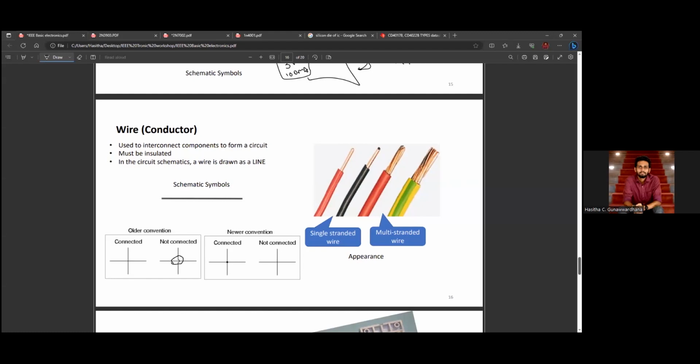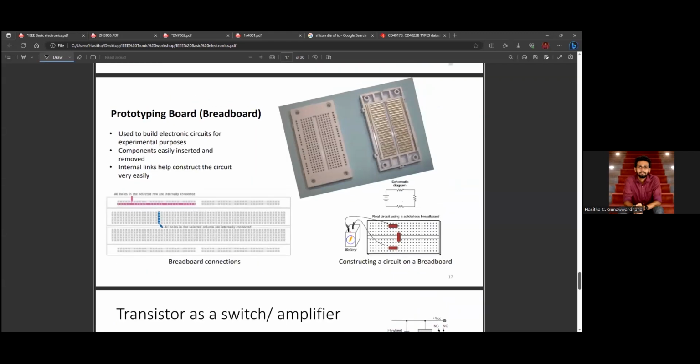Other than that, this is also additional information. You may also know these breadboards. If you completed the practicals in first semester and second semester, you definitely have to know about this. To assemble a circuit without soldering and test it, obviously very simple circuits, we can use this type of board.